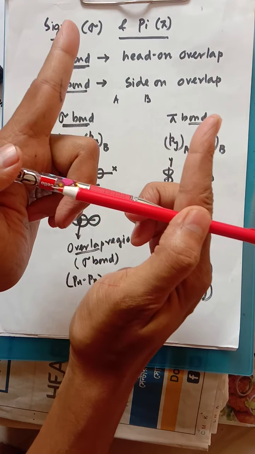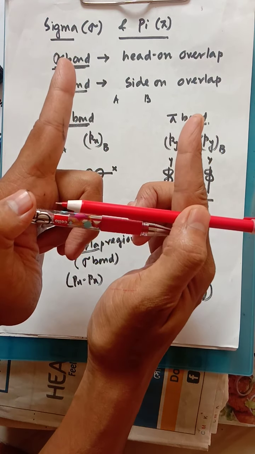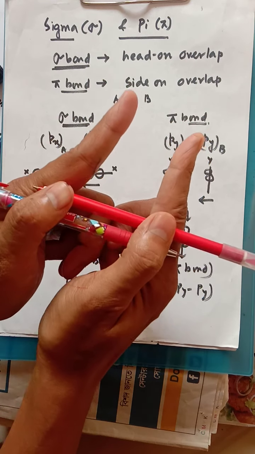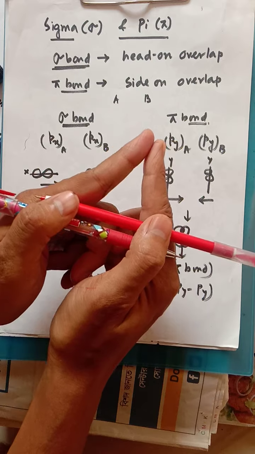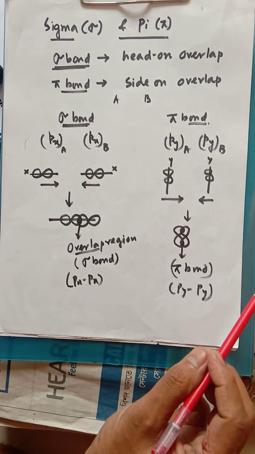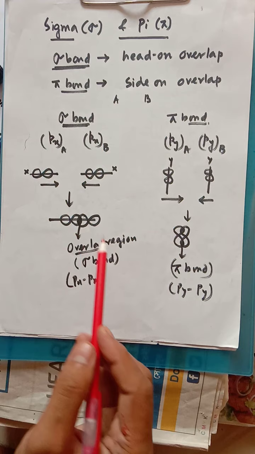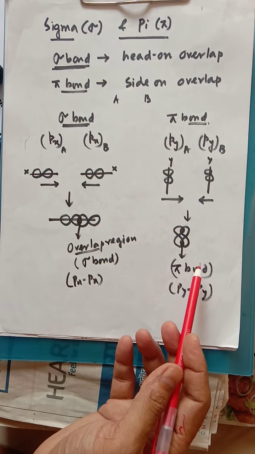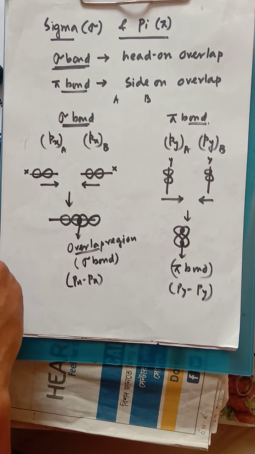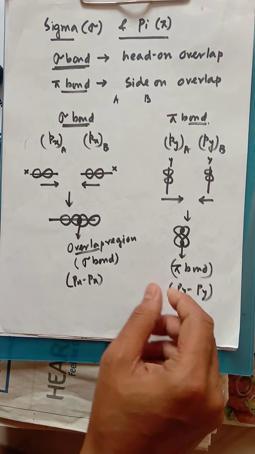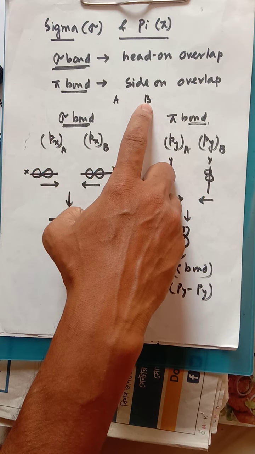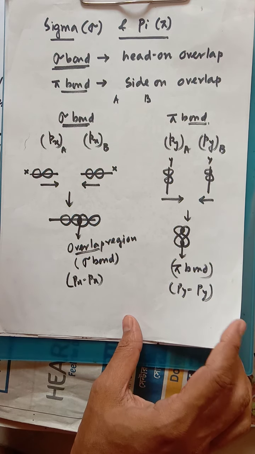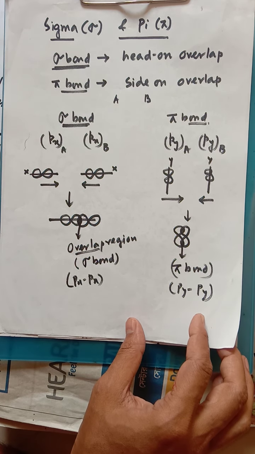So whenever one axis is involved in a sigma bond, the other cannot show a sigma bond with the same other member. The other must be involved in a pi bond. This is the thing we have to remember. I hope that we have cleared up sigma bond and pi bond.